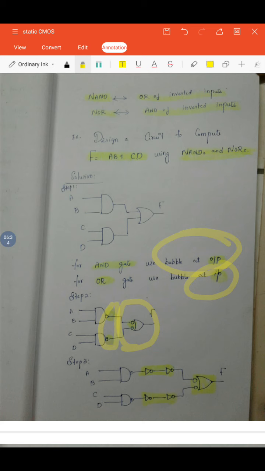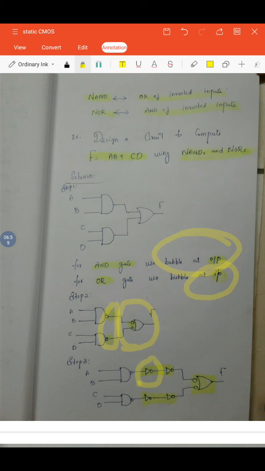Then later in step 3, what I have to do is, wherever there is a bubble, you have to put an inverter. That is the rule. So in bubble pushing you have to use an inverter wherever you have put a bubble. At the output of the AND gate there is a bubble, so here I have to put an inverter.